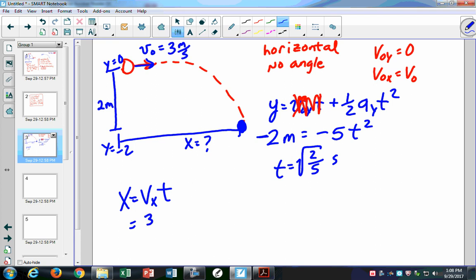So it'll be 3 meters per second times the square root of 2/5. I don't know what that is, but it's about 1.9 meters. Okay, so I could give you that question as well. It's a two-step question. You have to find the time, and then you have to find the x range.